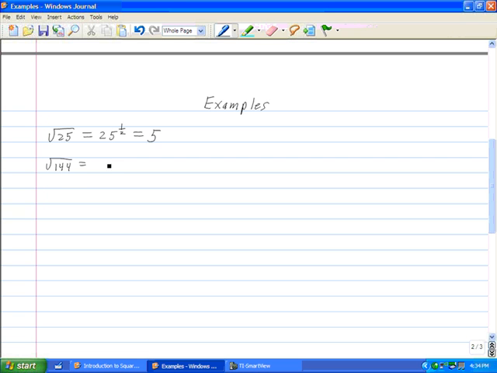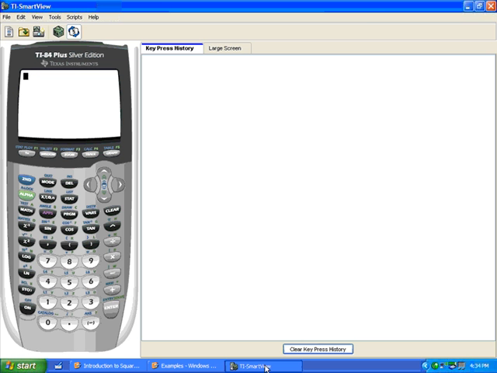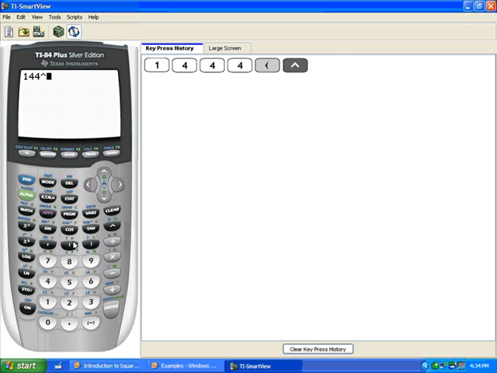If I was to write square root of 144, that's the same thing as 144 to the 1/2 power, which should turn out to be 12, because that is the square root of 144, and we can verify this. Let's take 144, use the caret key for power, and don't forget to put the 1/2 power in parentheses, and we verify that that is in fact 12.